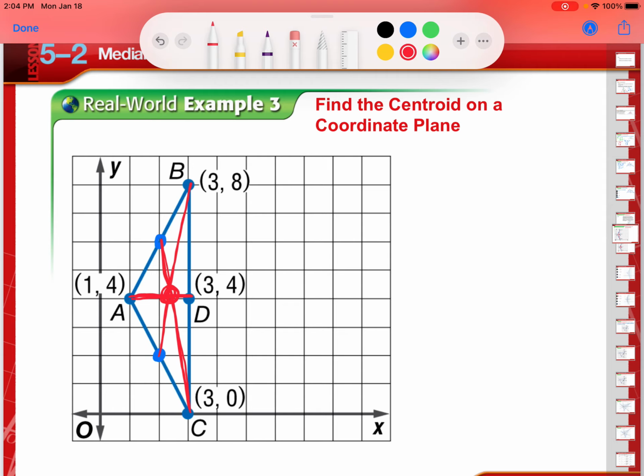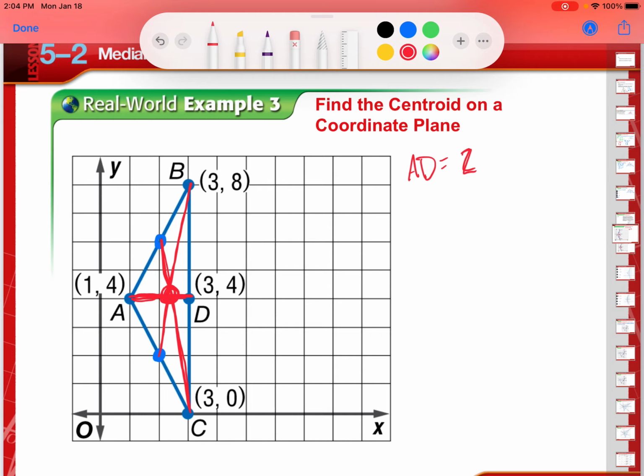So for us to find our centroid, essentially, we can choose any one of these lines. I'm going to choose AD. So we have to find the distance between A and D, or any of these lines, any of these medians. So I can see AD is 1, 2. So I know the distance of AD is 2.